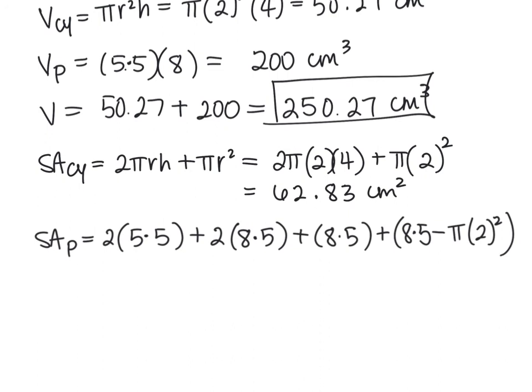So 5 times 5 is 25, times 2 is 50, 8 times 5 is 40, times 2 is 80, and then 8 times 5, which is 40. So that's 170. Then I have to do 4 times pi, which is 12.57, and when I subtract it from the 8 times 5, which is 40. So it's 40 minus the 12.57, which is going to give us 27.43. So that's the area of the top rectangle that's not taken up by the cylinder.